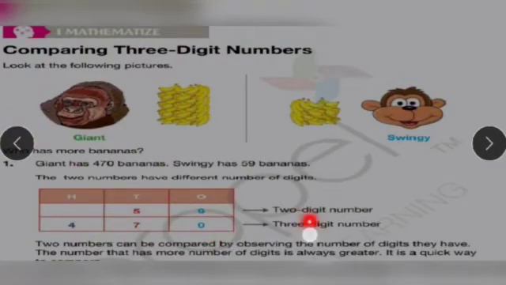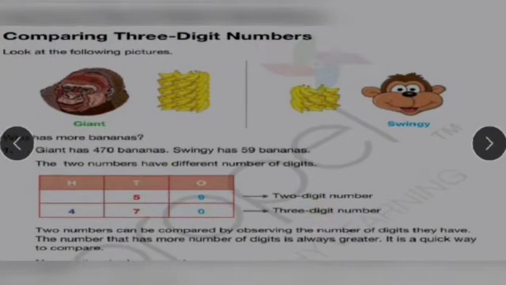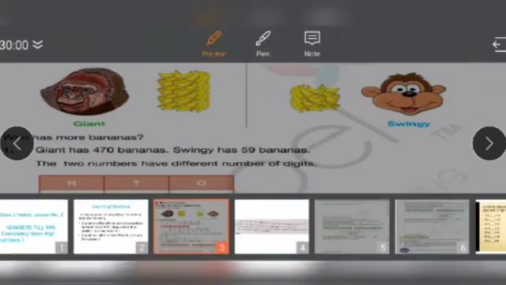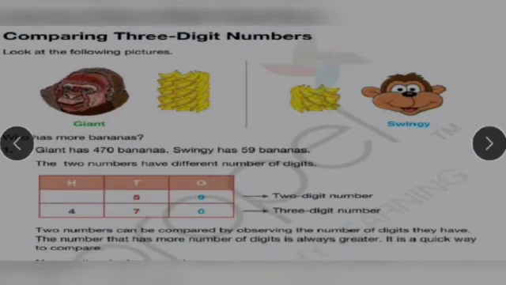Here they have given a very easy way to compare the numbers without any calculation. 59 is a 2-digit number and 470 is a 3-digit number.